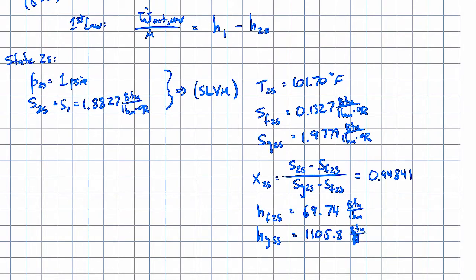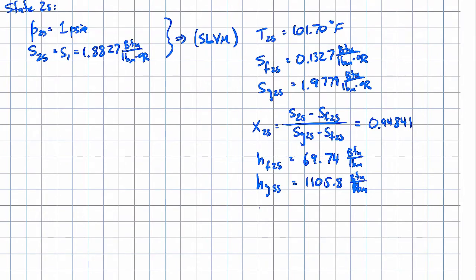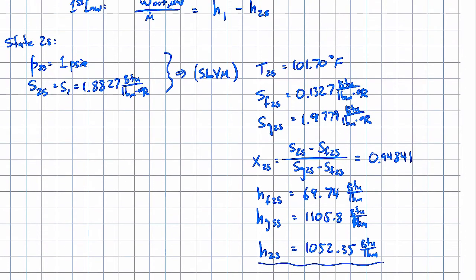And then you can calculate the specific enthalpy at state 2S. That comes out to be 1,052.35 BTU per pound mass. So we had to do a little work there because we're dealing with a saturated liquid vapor mixture. So now we have the new specific enthalpy, assuming an isentropic process.